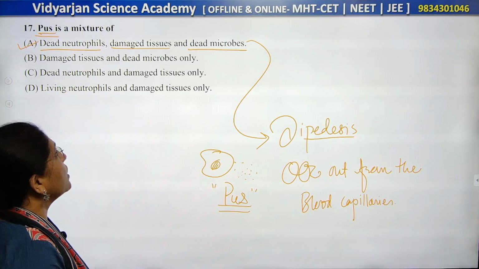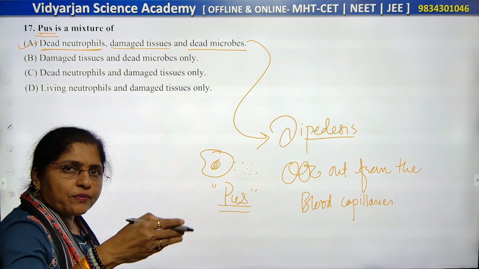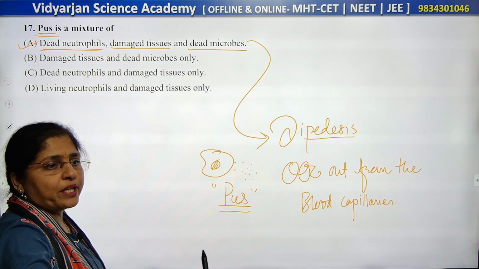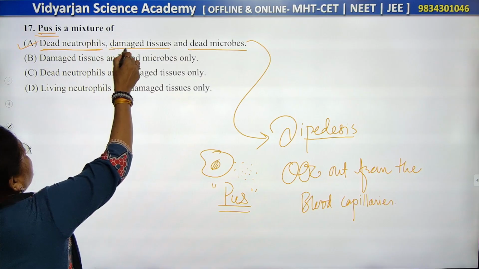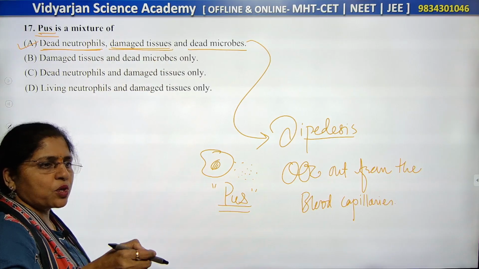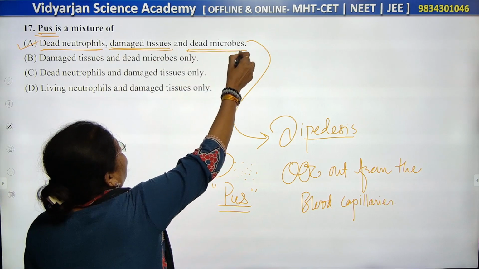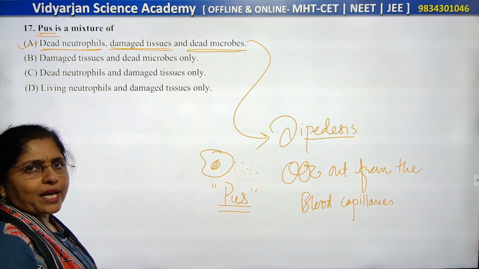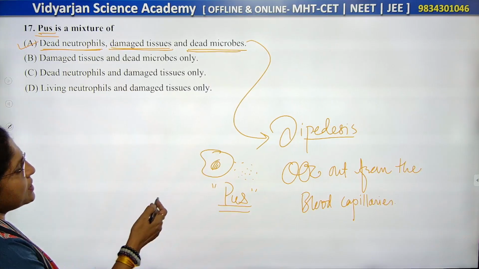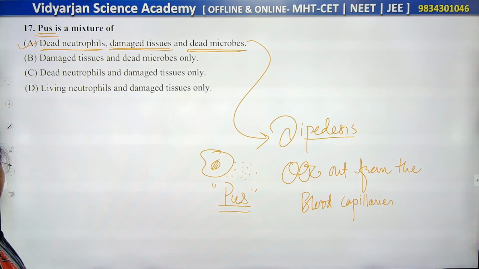Pus is the mixture of dead neutrophils, because neutrophils are oozed out of the blood capillary at the site of injury. Then damaged tissue, there will be some damaged tissue. Whenever you have rupture of the tissue, that debris is also there, and the dead microbes, whatever microbes are entering, whatever infection is there, those cells are also present here, which will give you the formation of pus.